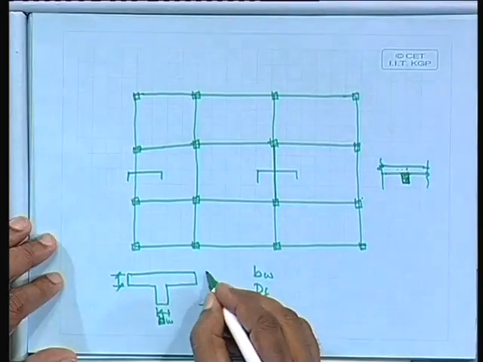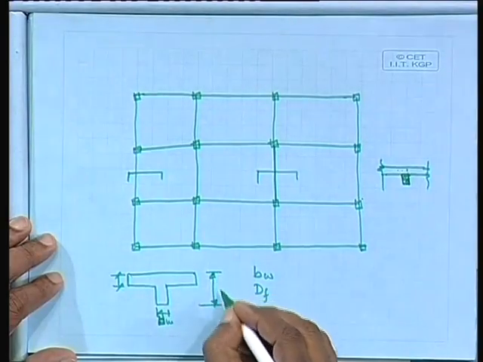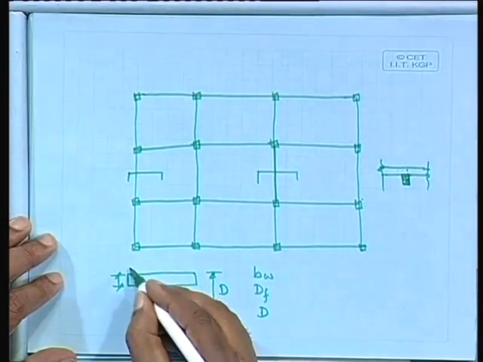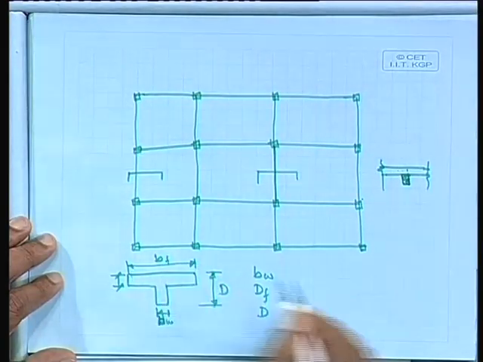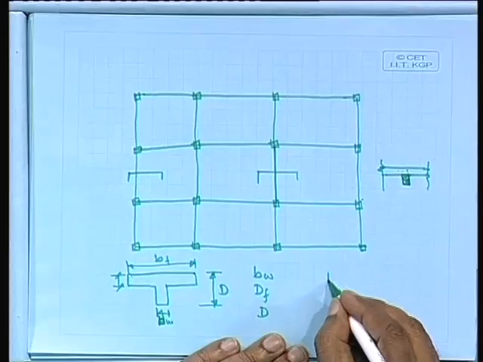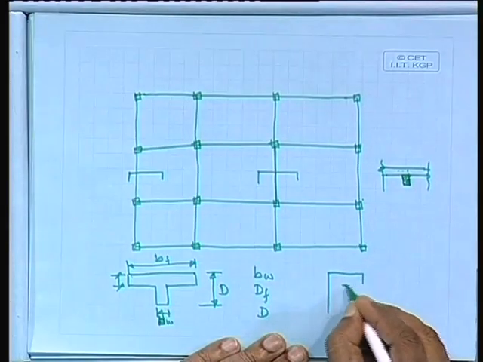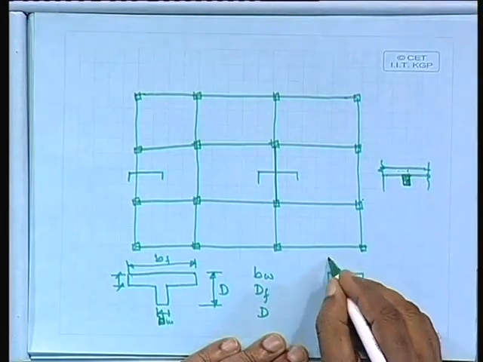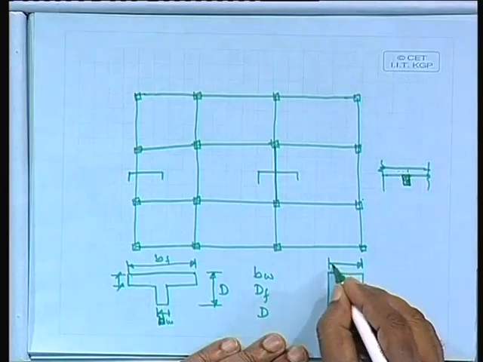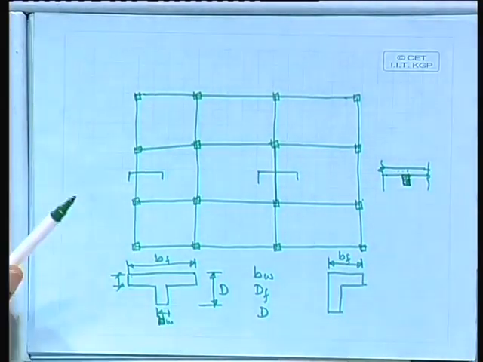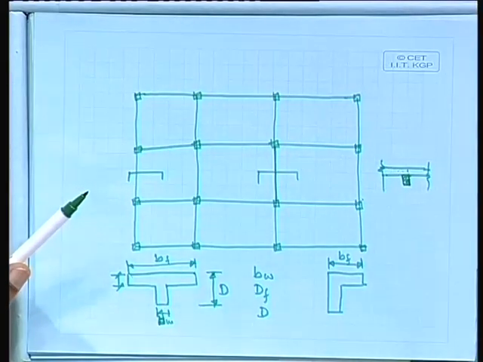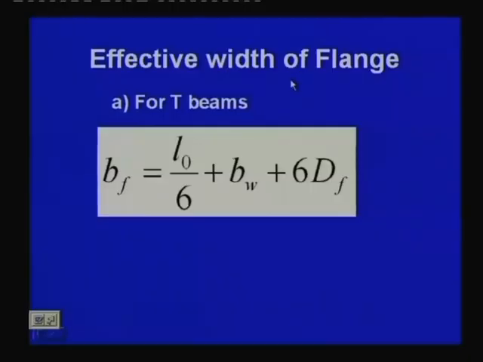We can specify the overall depth d, but what about this bf? Or for the edge beam, what about this bf? That we shall find out, and we call it the effective width of flange.